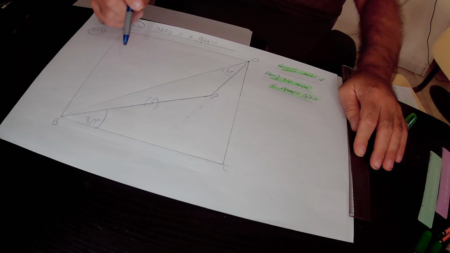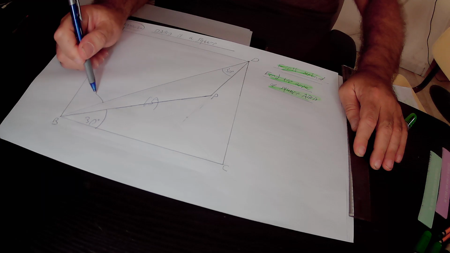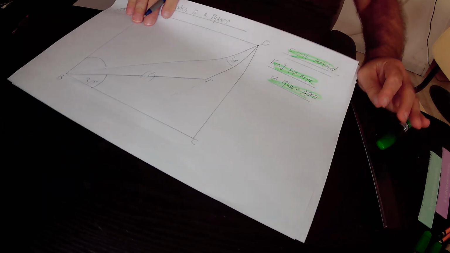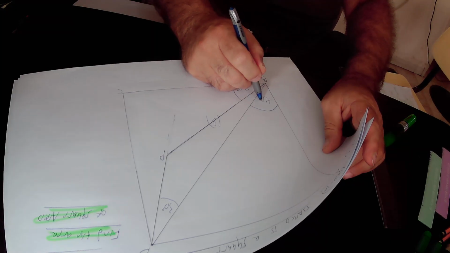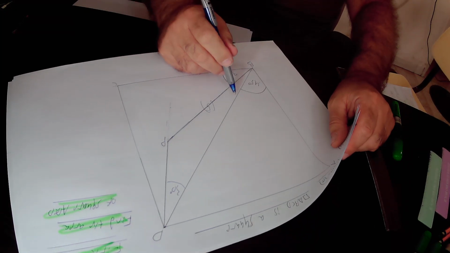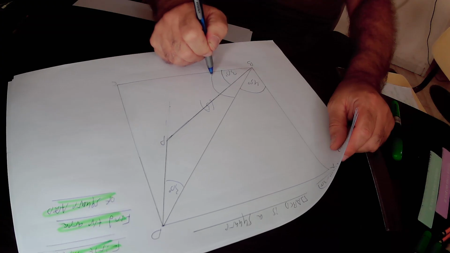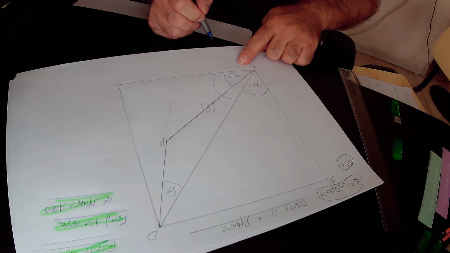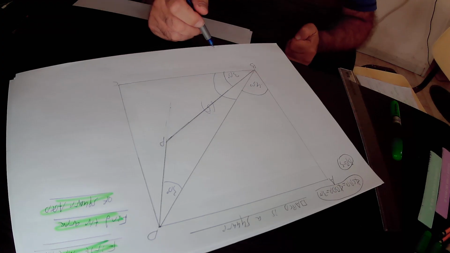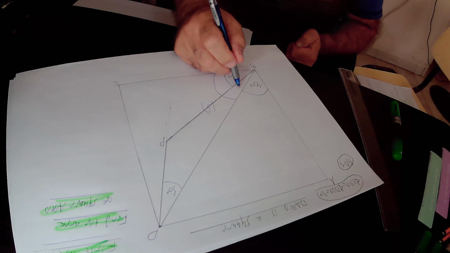So the first half is 45 degrees, and the second half of angle ABC is also equal to 45 degrees. But this angle equals 30 degrees, and therefore the missing angle must be equal to 15 degrees in its size.